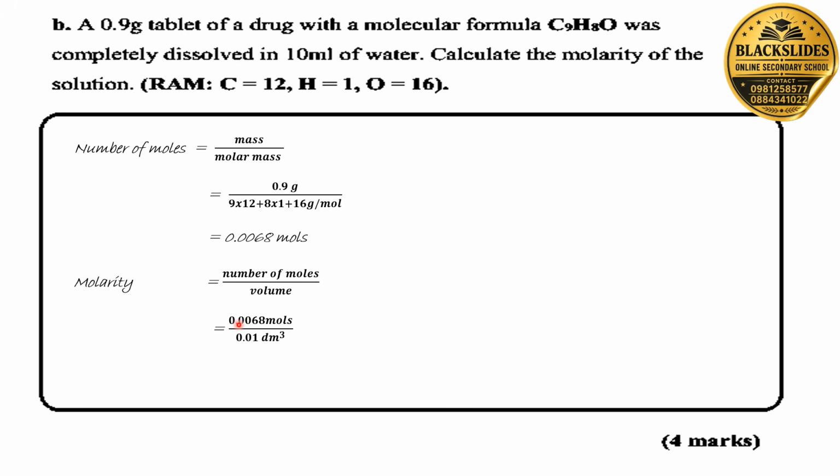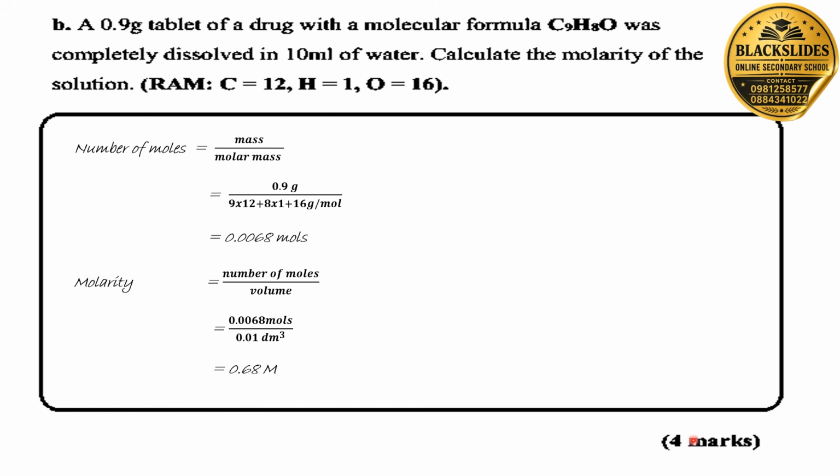Dividing 0.0068 by 0.01 will give us 0.68 molar. Put a capital letter there as the unit of the molarity, molar. So this is going to form a 0.68 molar solution of the drug.